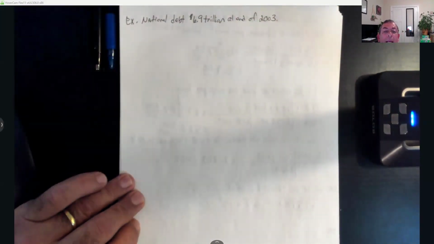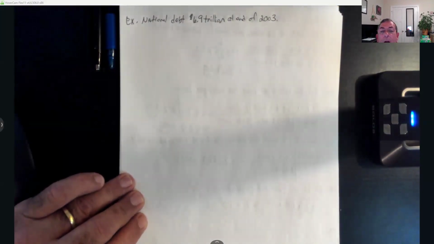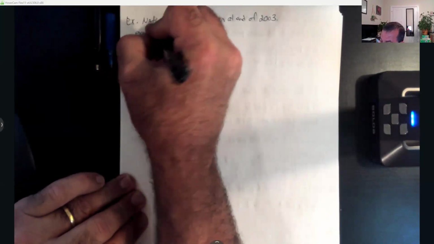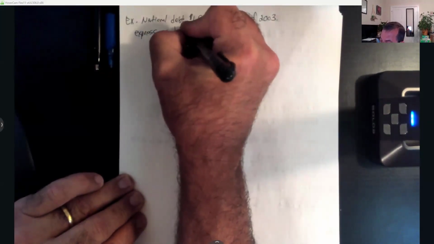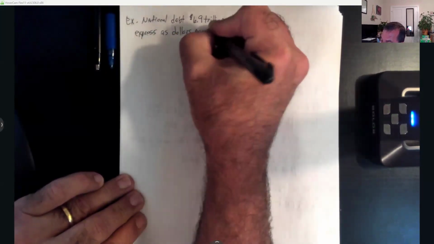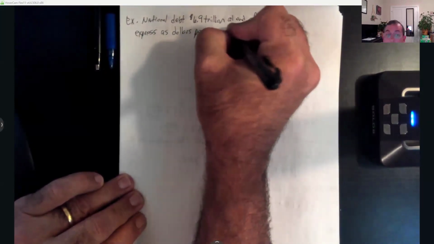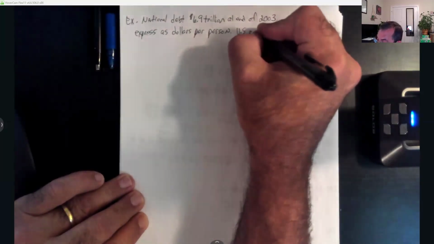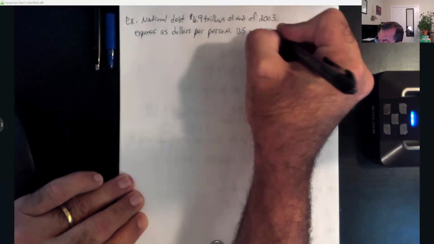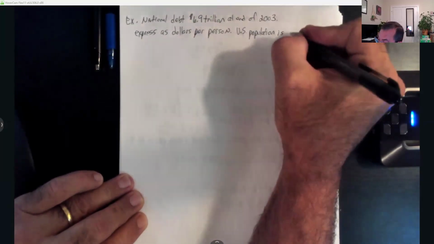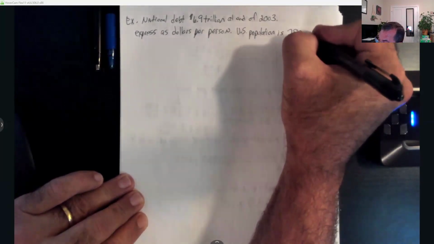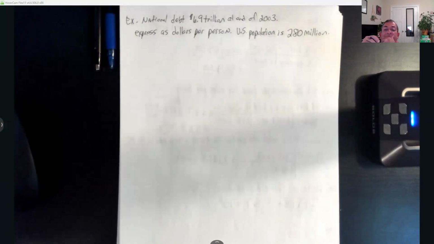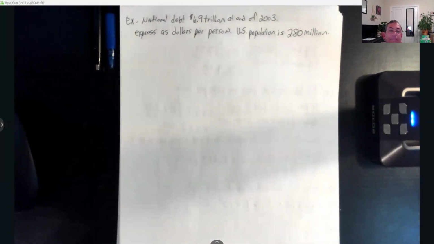Express this quantity as the number of dollars per person. So express as dollars per person. Now they're telling you the US population is 280 million. Okay, so they're giving us a population of the US.